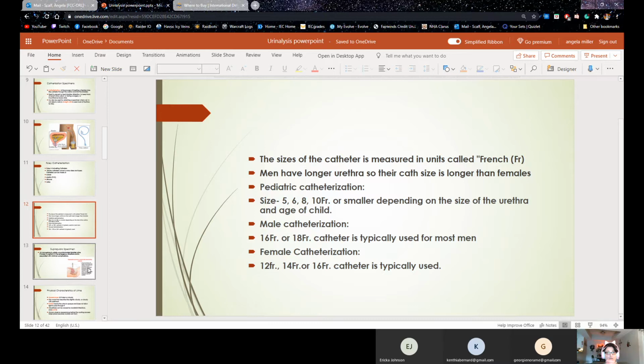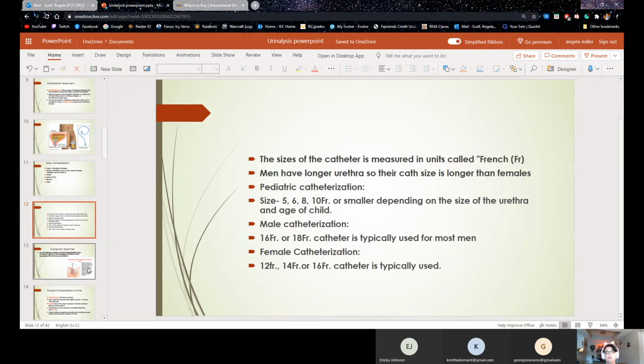Men have longer urethras, so they usually have a longer Foley catheter. Pediatric catheterizations usually require 5 to 10, just depending on the child. Male catheterizations for a full-grown adult are anywhere from 16 French to 18 French, and females are 12 to 16.